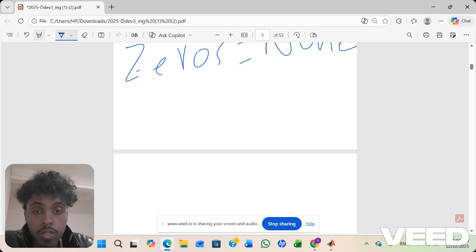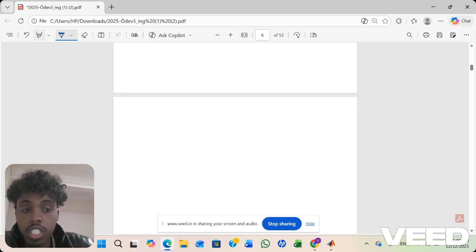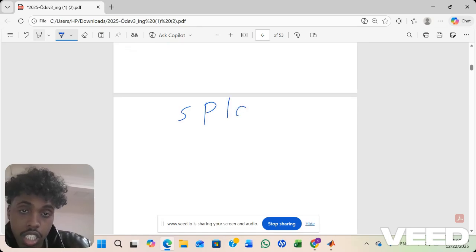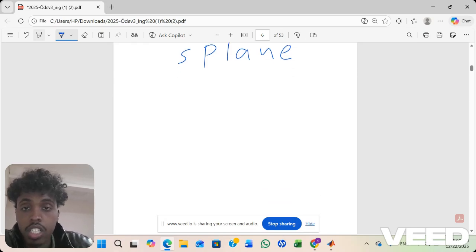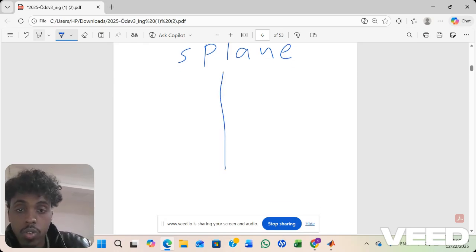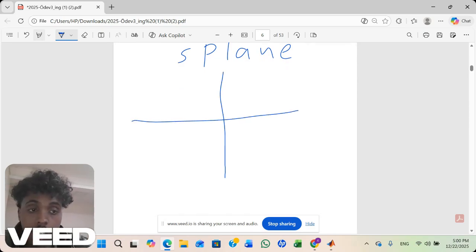We have to show the s-plane here. We draw it like this.